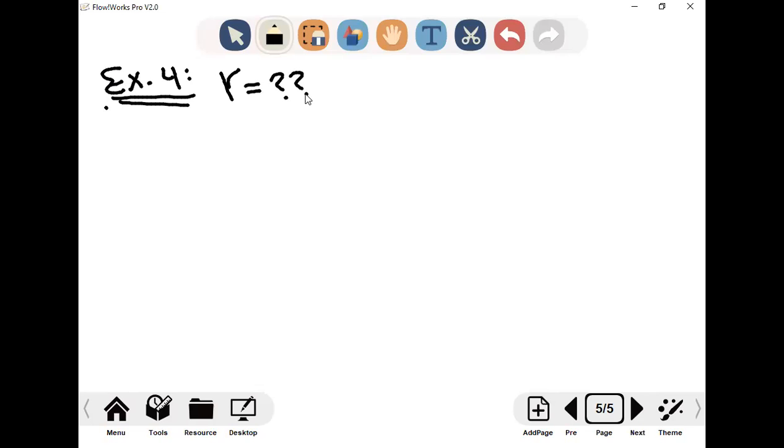What is it? Find the approximate radius of a circle with a circumference of 70.82 inches. So C is given: 70.82 inches. They want the radius and they gave me the circumference. I will use the formula which connects the radius and the circumference. Which formula? We have two formulas, remember?